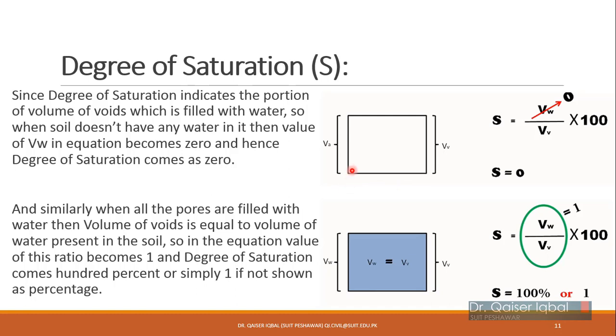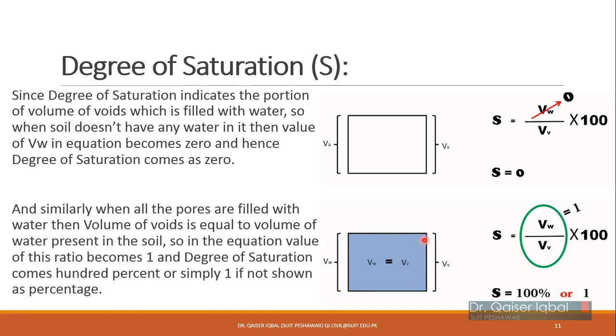So when the volume of water is 0, then volume of water, the numerator, is 0, divided by volume of voids, multiplied by 100, which is sometimes represented as a ratio, sometimes it is multiplied by 100 as well, because the word ratio is not mentioned over here, so you can multiply with 100 and present it as a percentage, or sometimes as a ratio as well. So in this case, if it is a ratio or multiplied by 100, the value will be equal to 0. So for dry soil, the saturation ratio or the degree of saturation will be equal to 0.